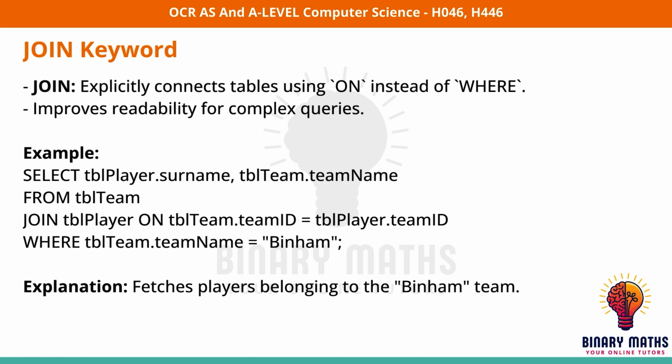We can use a join to retrieve all players belonging to a specific team, like the one that you can see on your screen. This query fetches the surnames of players who belong to the Bingham team. The join keyword explicitly connects the two tables using the team ID column.